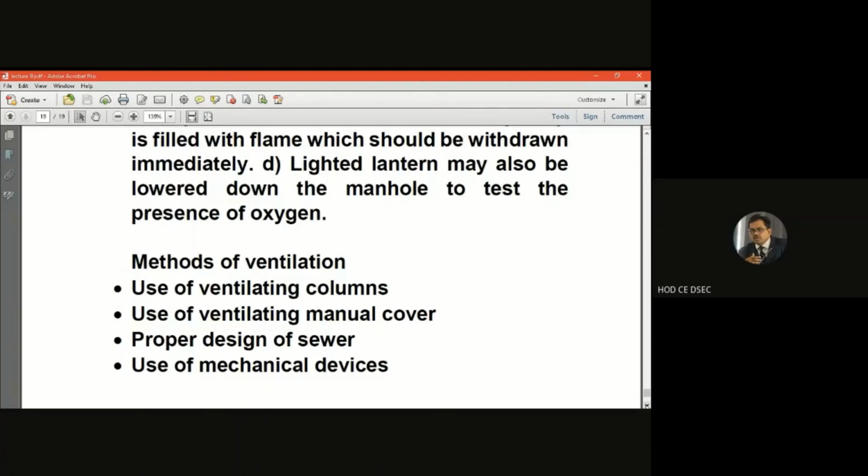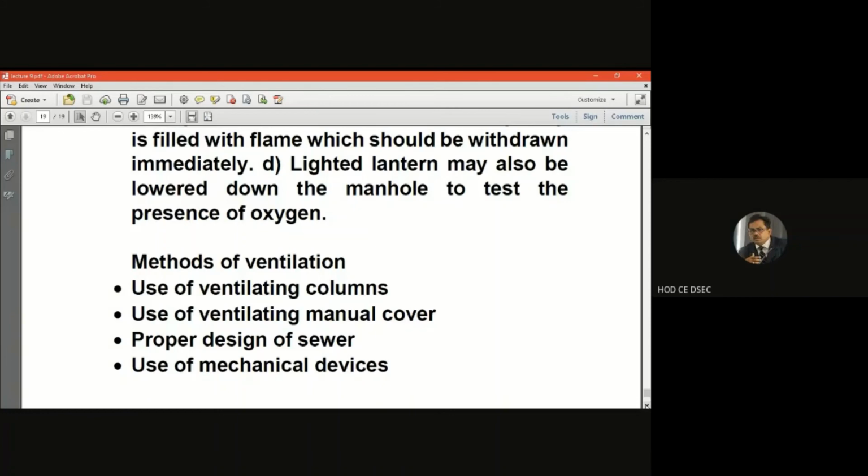Now let us discuss proper design of sewer. Proper design of the sewer is very important, because in the design we can consider the sewer running half, two-thirds, or one-third full, because we are reserving the top surface for the sewer gases. The open portion above the two-thirds full level has to be taken care of in the design, as provision of space for the sewer gases.